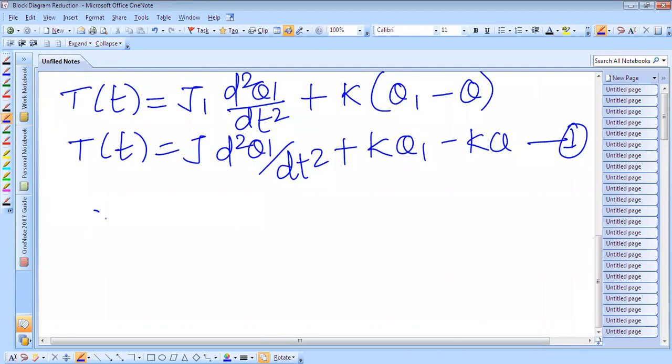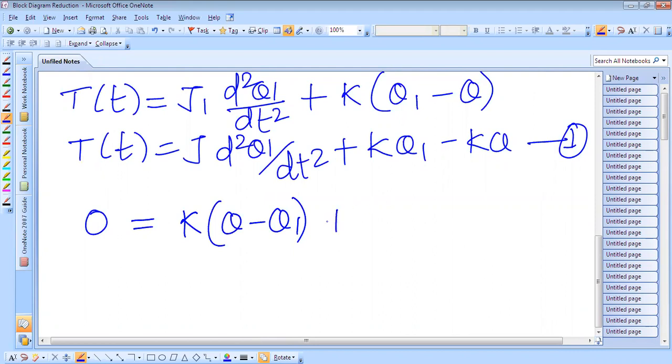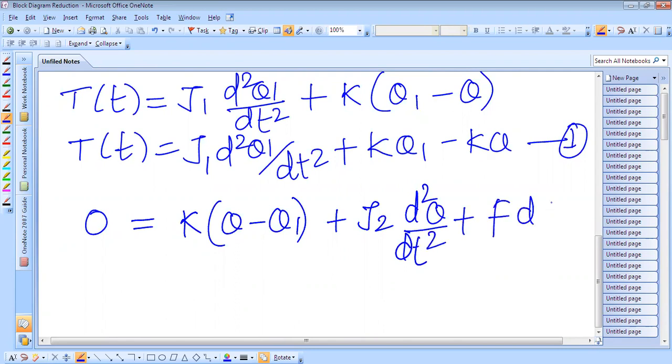So the second equation: torque is equal to 0, which is k into theta minus theta 1, plus J2 d square theta by dt square plus F into d theta by dt.